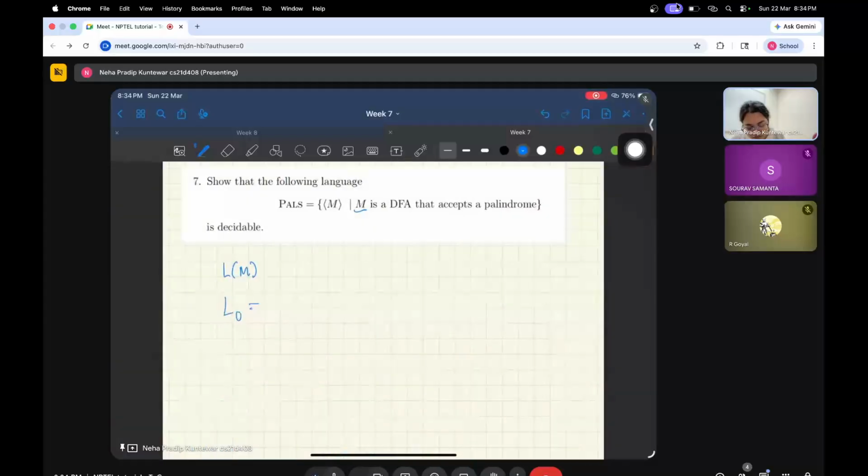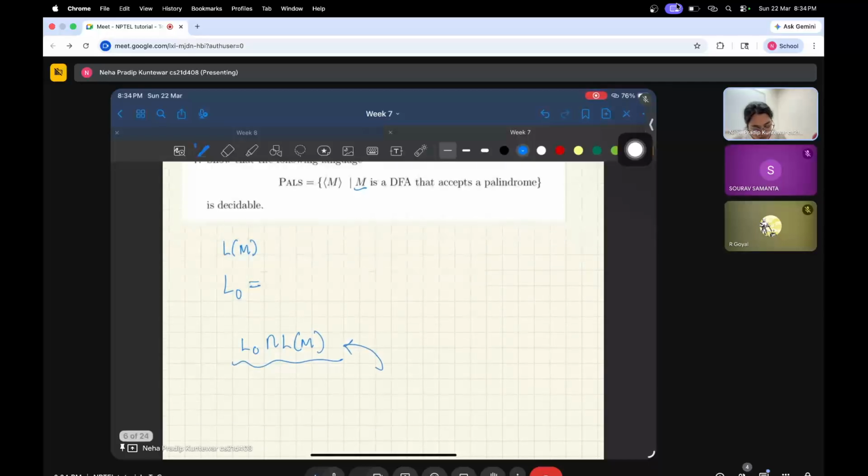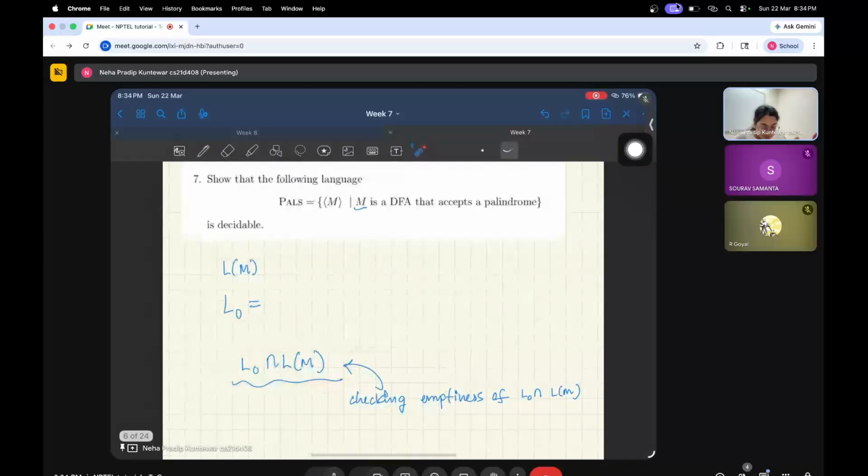So what should be L0, so that L0 intersection Lm corresponds to just checking whether, when this intersection is empty, there does not exist a palindrome which the DFA accepts, and when the intersection is non-empty, there is a palindrome which the DFA accepts.